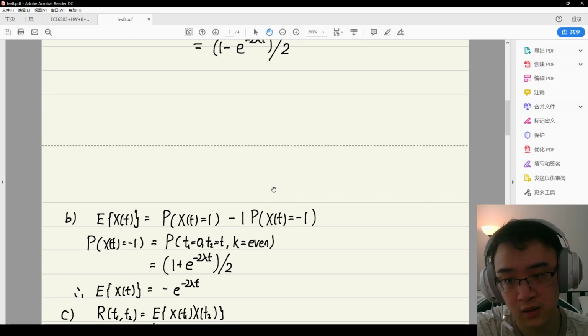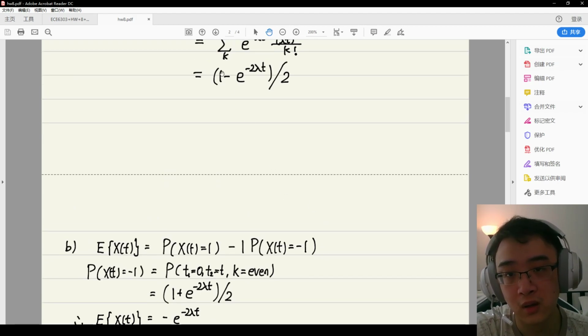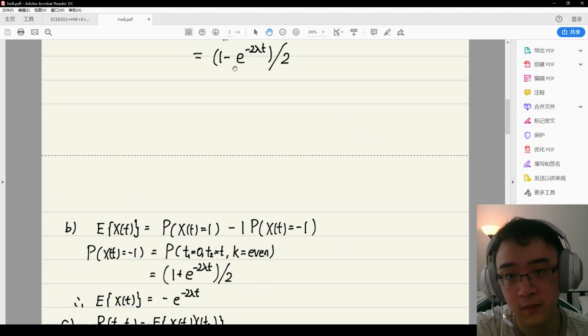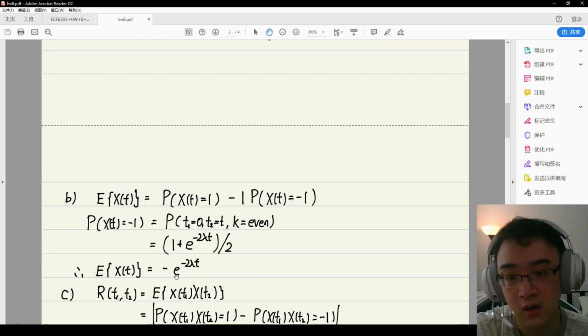So just like this, the answer will be this part minus this part, and because the 1 can be cancelled by each other, and the e to the -2 lambda t can be times each other, the 2 is cancelled. The final answer will be the negative e to the -2 lambda t. So that's the answer.